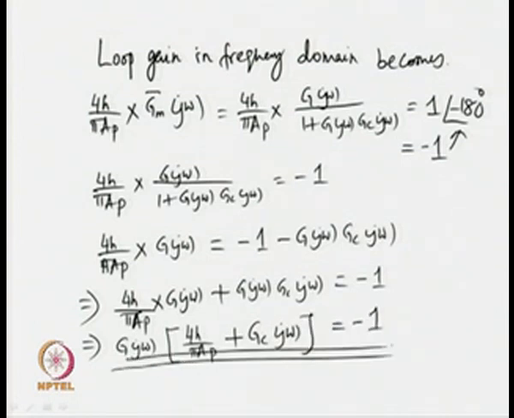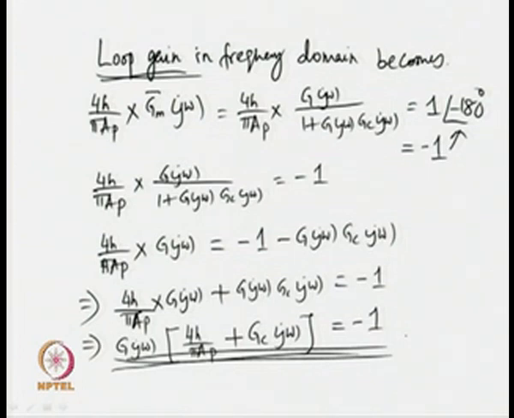So, finally, we have got from the analysis of the loop gain in frequency domain an expression of this form: G(jω) times 4h upon πa, plus G_c(jω), is equal to minus 1.